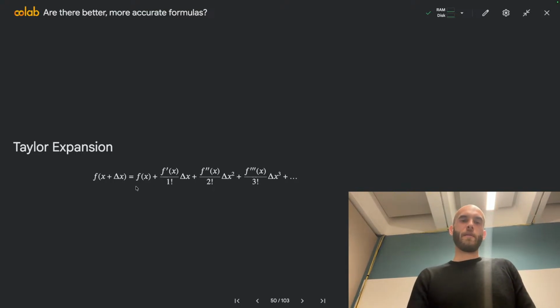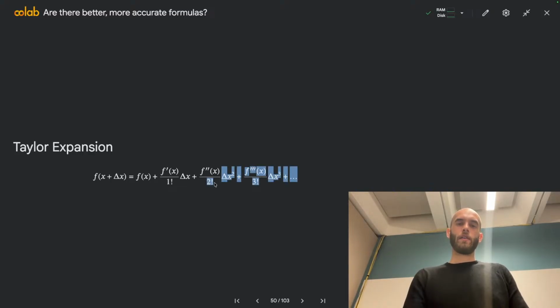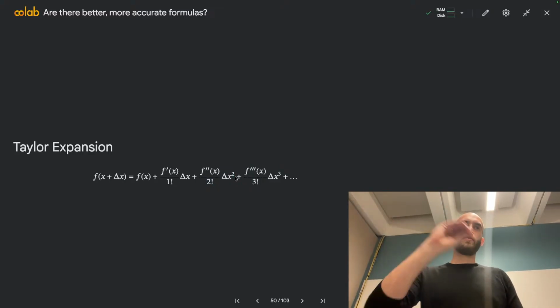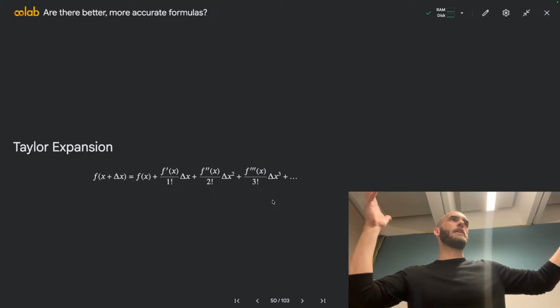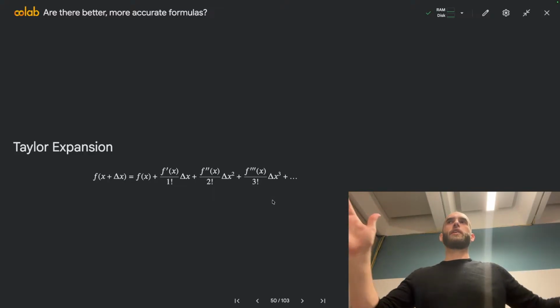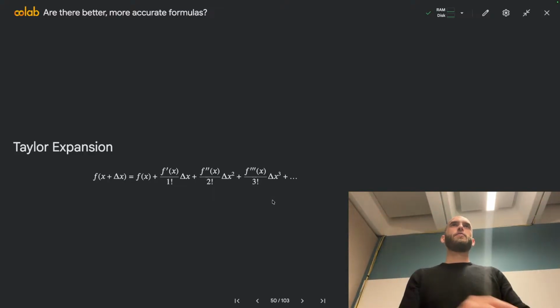So this is divided by the factorial of 0, which is 1. This is divided by the factorial of 1, which is also 1, and so on. So this is the second derivative divided by the factorial of 2. And then we have the increment raised to the second exponent, and so on. So this is just a series that goes out to infinity. We never will handle infinities with a computer.